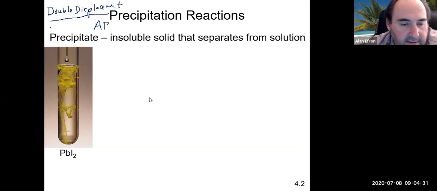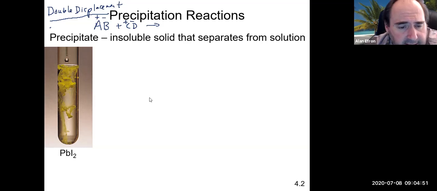And a double displacement reaction has this general formula: AB plus CD. A and B are an ionic compound. C and D are also an ionic compound, which means there's a positive ion and a negative ion together, and a positive and negative ion together on the other one.